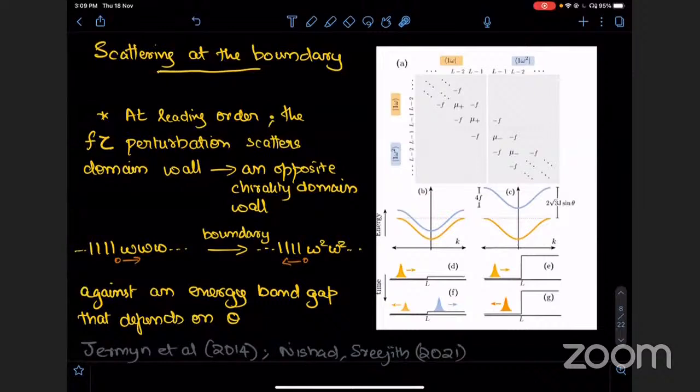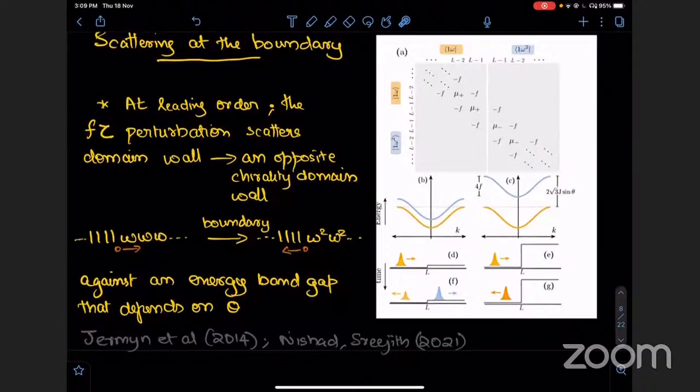It turns out that at the boundary, the f tau term takes a domain wall of one chirality and scatters it back into a domain wall of opposite chirality. So if I have a domain wall of the kind 1 omega, 1, 1, 1, omega, omega, omega, traveling towards the boundary, it is scattered back as a domain wall of the type 1 omega squared.